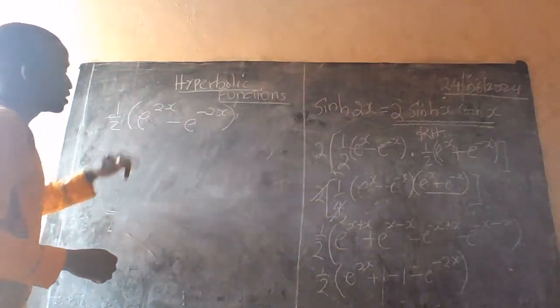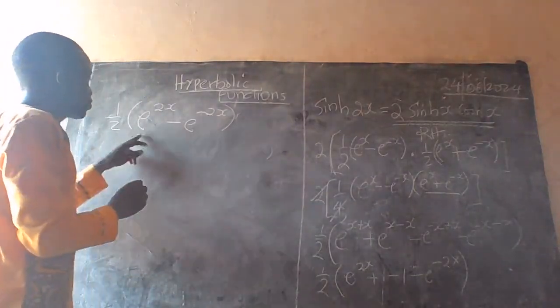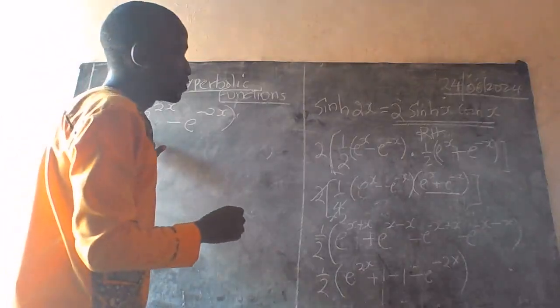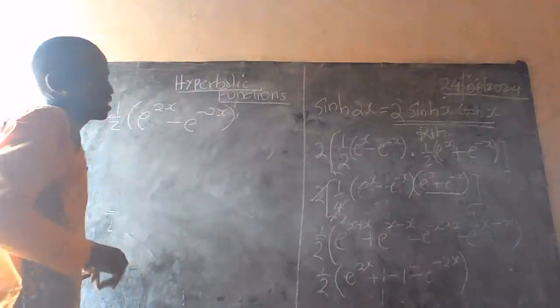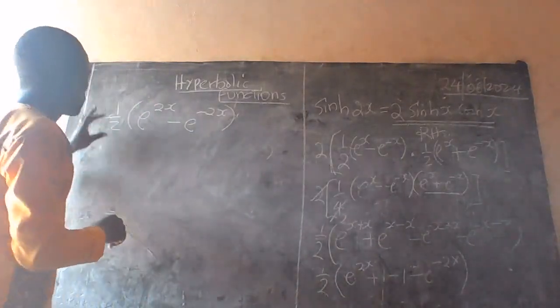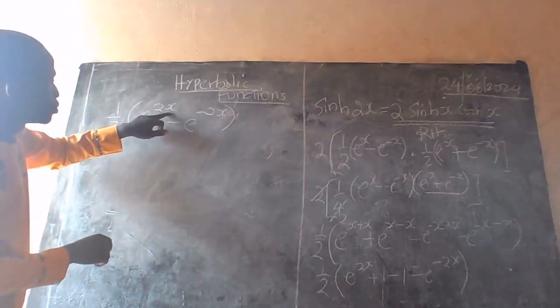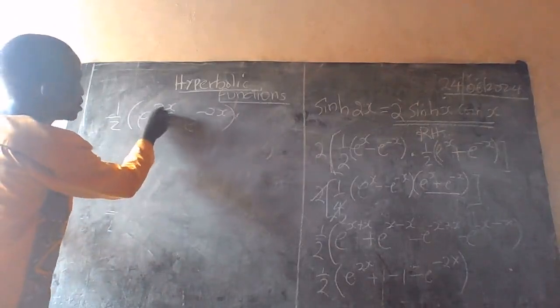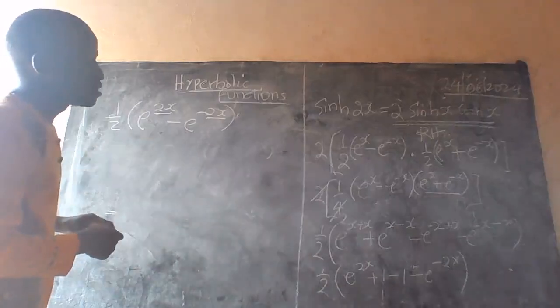So as you can see, we have this. And actually, if you can compare sine and cosine, this is for sine. But what has changed? We have a half here. This has changed. That is what has changed. But the change is good.